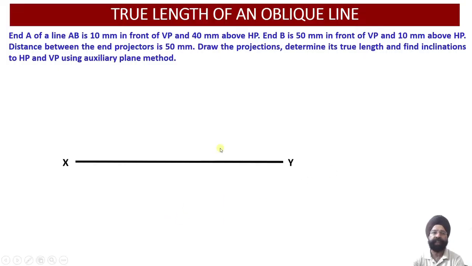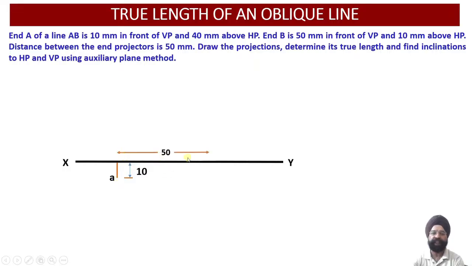So to begin with, we are going to draw the projections of an oblique line, and then we will see how we can move forward evaluating the true length of the line using the auxiliary plane method. The end A of the line AB is 10 millimeter in front of VP. So you see, we have drawn the top view of the end A 10 millimeter below the XY reference line.